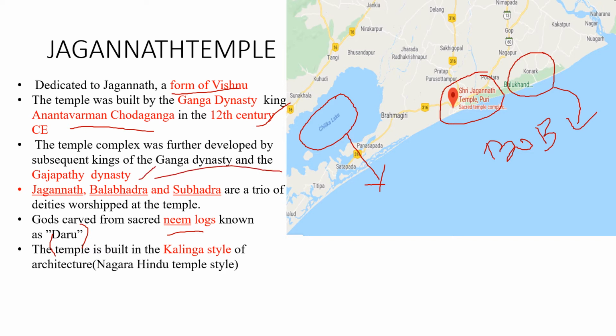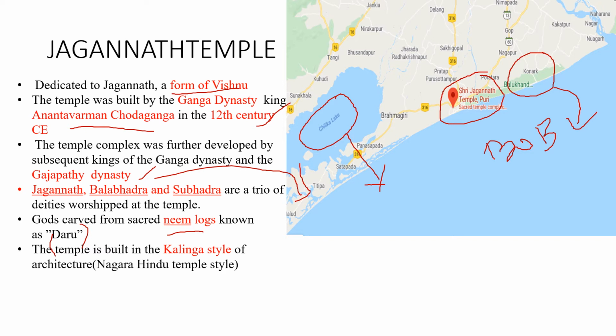And this Gajapati dynasty holds significance even now for the Ratha Yatra, because the lineage of the Gajapati dynasty are the people who literally sweep the roads with golden brooms when the Ratha is moving on the roads.